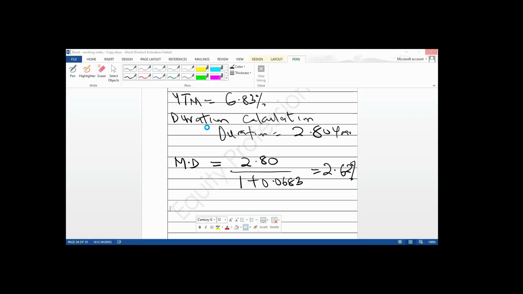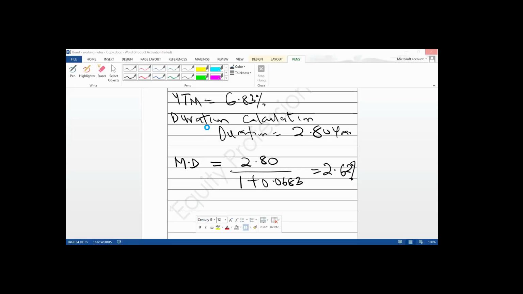If market interest rates change by 1%, the value of the bond will change by 2.62%.